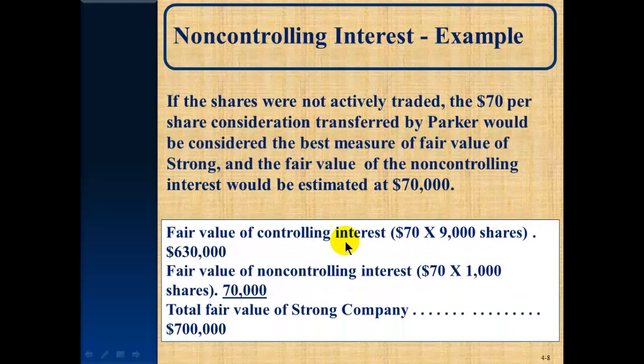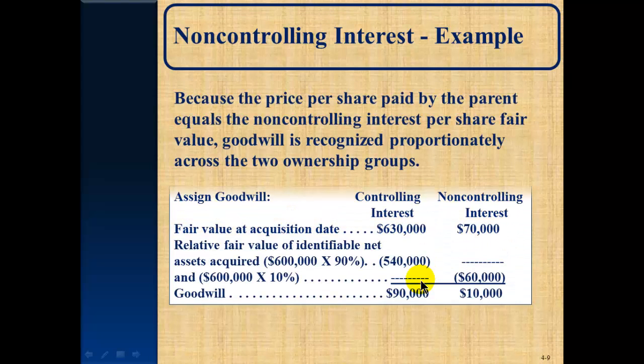And sure enough, with the way the math works out, using $70 a share for NCI, we're going to have a perfect proportional split of our goodwill. So you can see how that works when you assign a different value to the NCI. That's how you can get a disproportionate assignment of goodwill. But in this case, it carries through as a perfect proportional split because we had $70 a share here and $70 a share here.